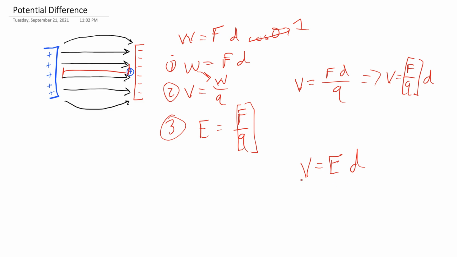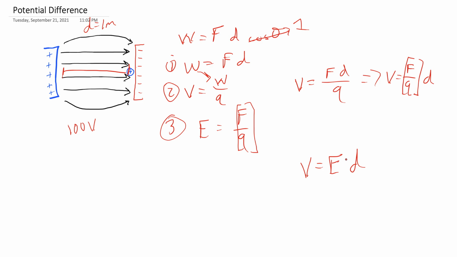So if I know my potential difference, let's say my potential difference between these two plates is 100 volts, and they have some distance between them. That distance is 1 meter. I could determine what that electric field would be inside. But then I increase the distance of those parallel plates.